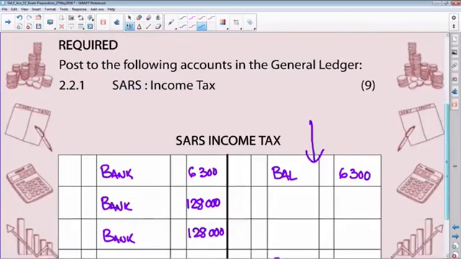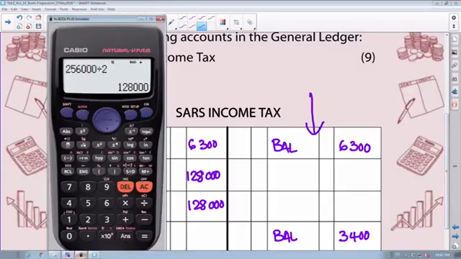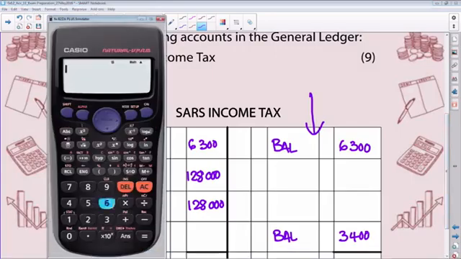Now, looking at this account here, what information does not appear here? Clearly, you can see that you've got an amount of 6,300 plus your 128,000 plus another 128,000, right?